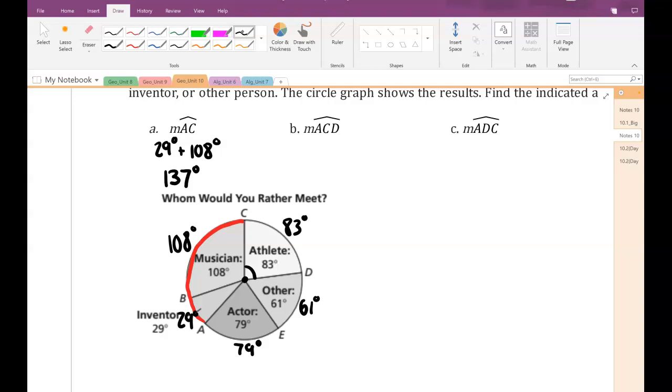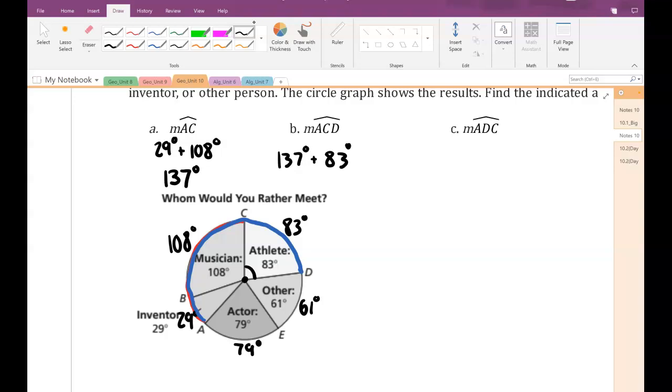The measurement of ACD. Now that is a major arc because we're going from A all the way to C, back around to D. So we can take this 137 and add an additional 83 to it to get our final answer.